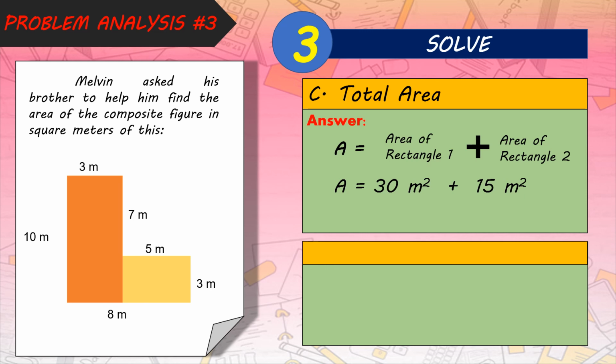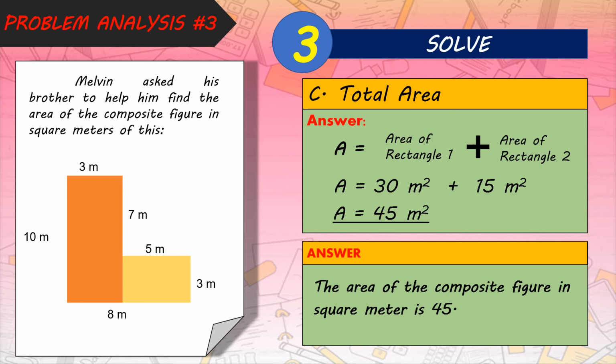If we add those, what will be the answer? You're right. Area is equal to 45 square meters. Good job. So now we can answer the question: the area of the composite figure in square meters is 45. You've done a good job in solving this problem.